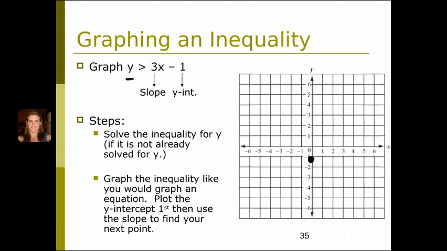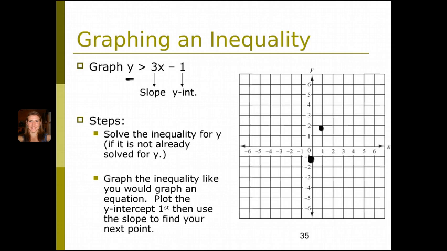Next point comes from doing the slope from the y-intercept. Since my slope is a +3, I'm going to rise 3, 1, 2, 3, and go to the right 1. Now that I have 2 points on this coordinate plane, I can draw my boundary line.